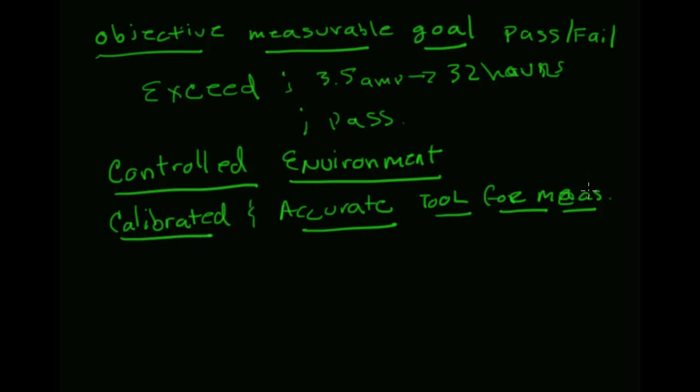That way we know that the results and the measurements are changing as a result of the prototype changing, not as a result of moving from one tool to another. If the tool can be calibrated, it should be calibrated before each and every test. And we want to make sure that those tools are as accurate as they can be. So calibrated and accurate tools for measurement.